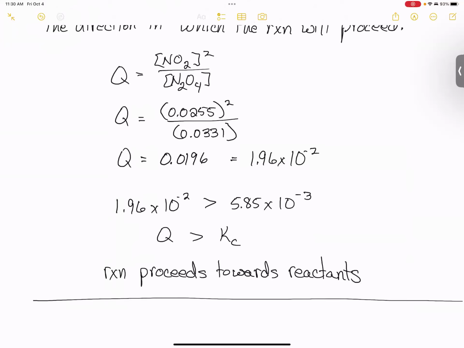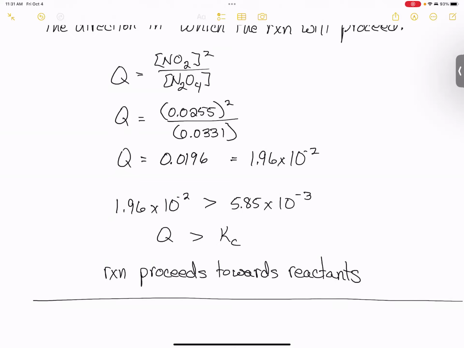Okay. So up to this point, you have been mainly calculating K. That's been our entire goal up to this point, whether we manipulated the reaction and calculated K prime from the original K, whether we calculated between Kc and Kp, or whether we calculated K from the concentrations at equilibrium.